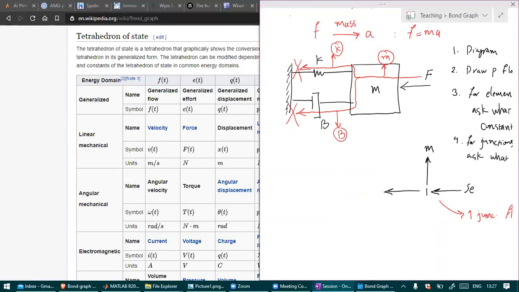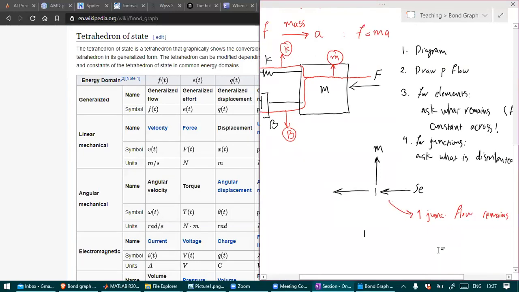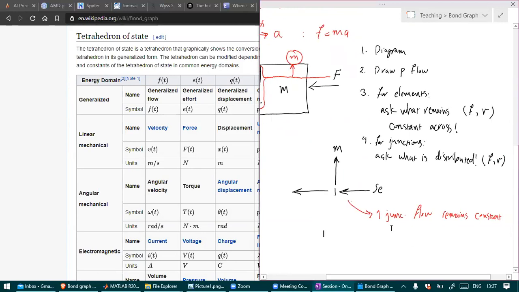Okay, then we reach the junction. One junction, right? Exactly. Why? Because across the mass, the velocity remains constant. Okay, so it's a one junction, flow remains constant, which is velocity here.